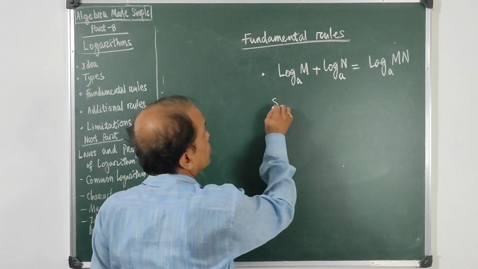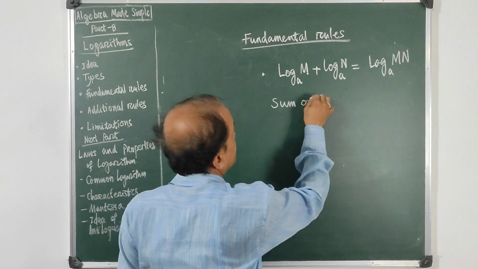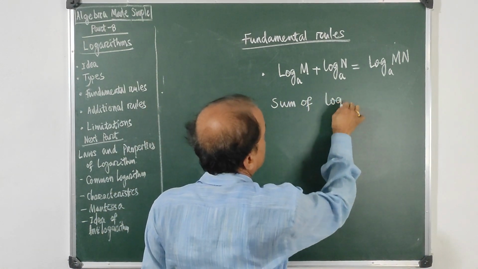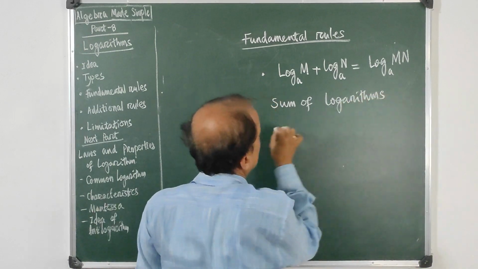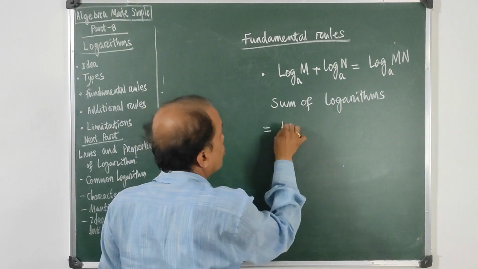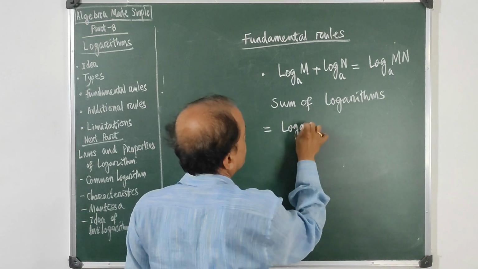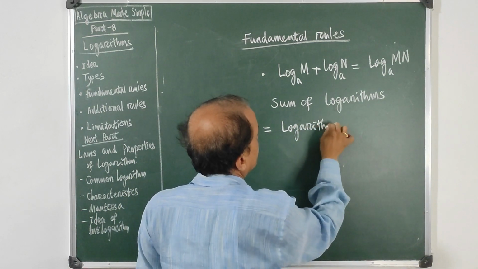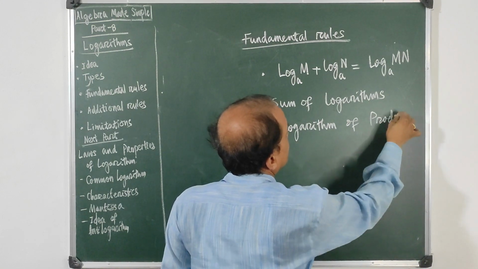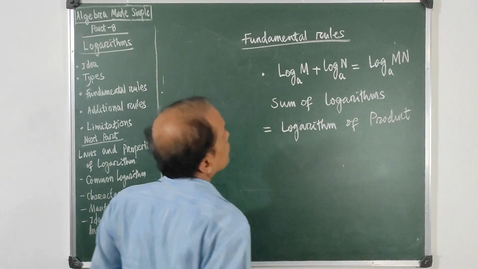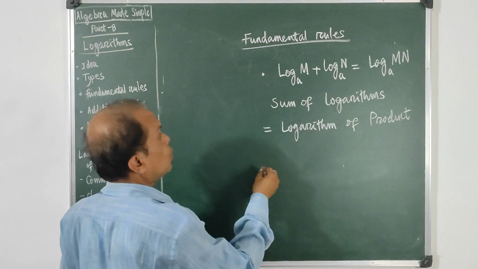So sum of logarithms is equal to logarithm of product. Let us check if it is true or not.